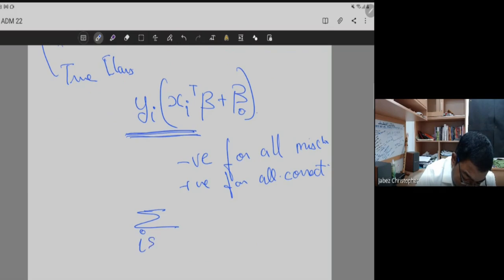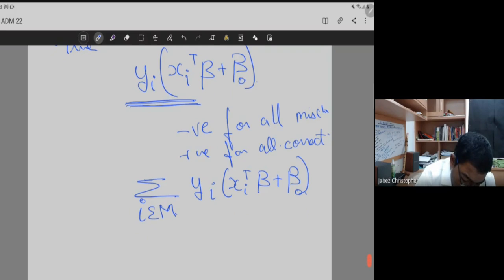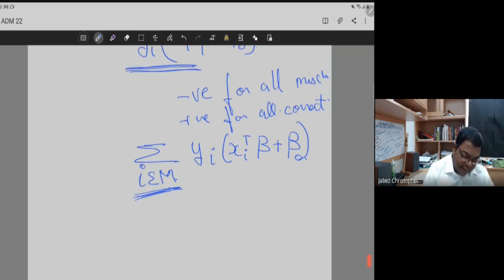For all points in M, where M is the set of all misclassified points, like blue points lying on the other side or the red points lying on either side.